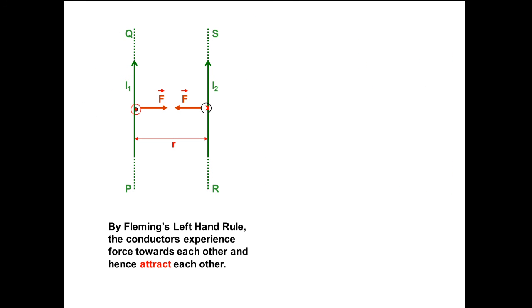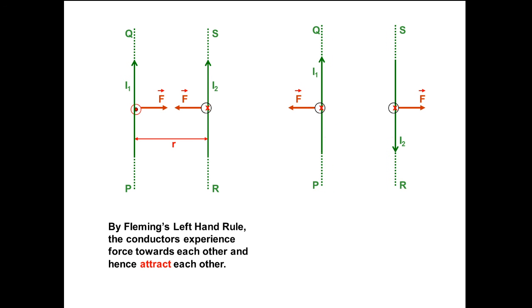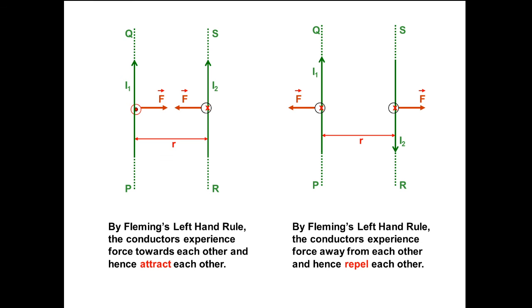If the direction of current is the same, we call it parallel current, and parallel currents attract each other. Anti-parallel currents repel each other.